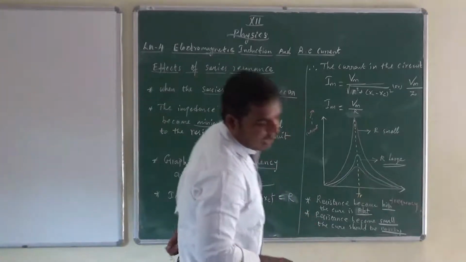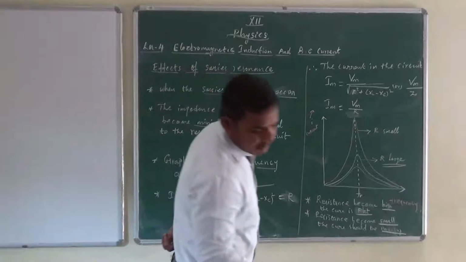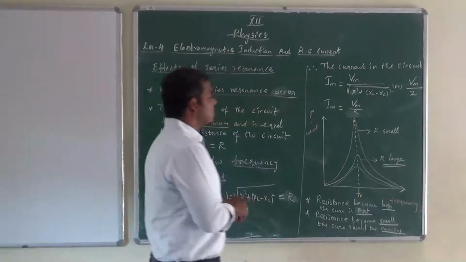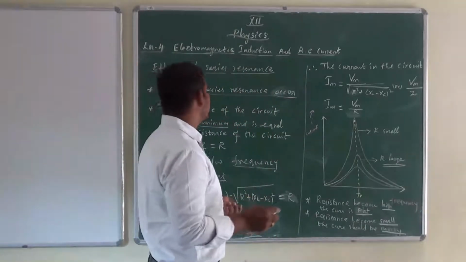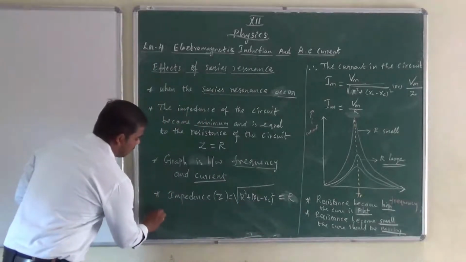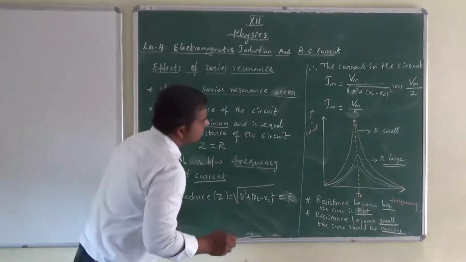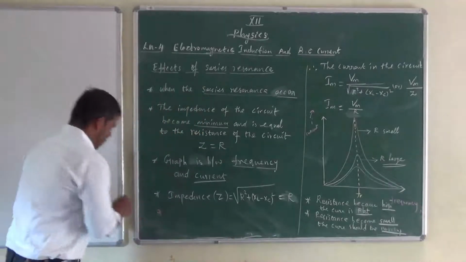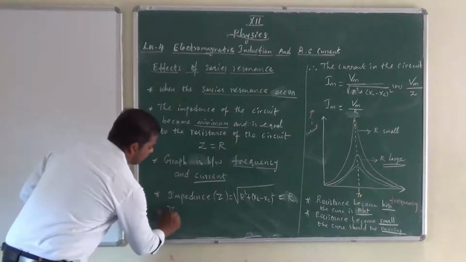So the maximum current at resonance is limited by which factor?